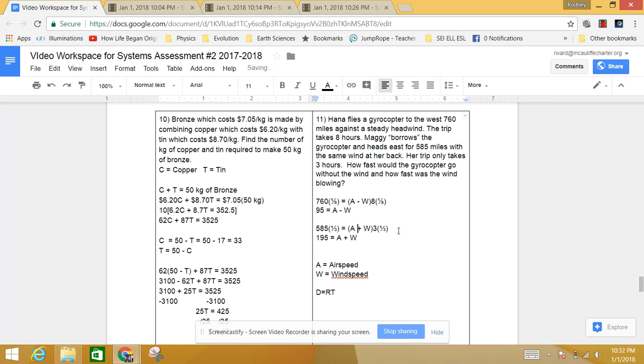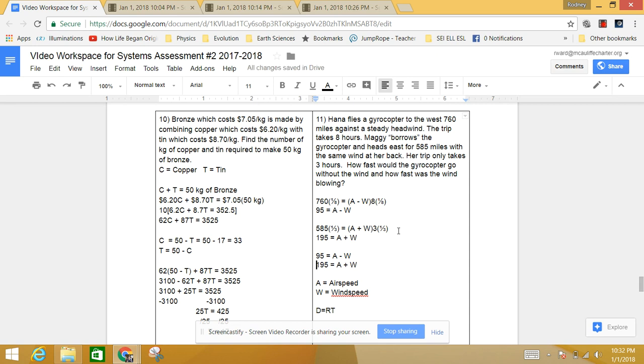Now I've got two equations that are a little easier to work with because they have either the same or opposite coefficients. Let me give myself a little space to work with.